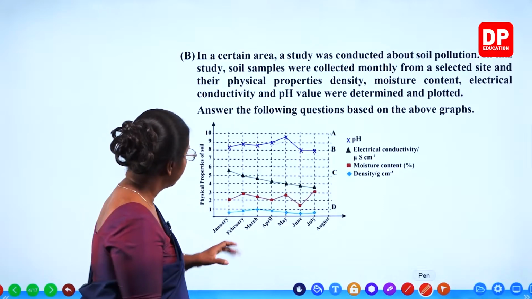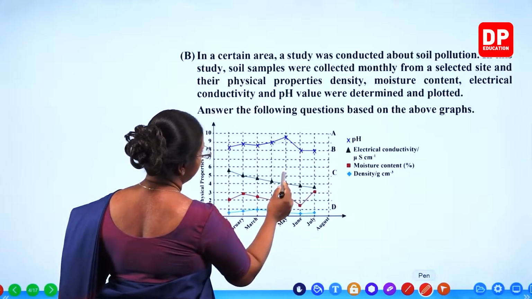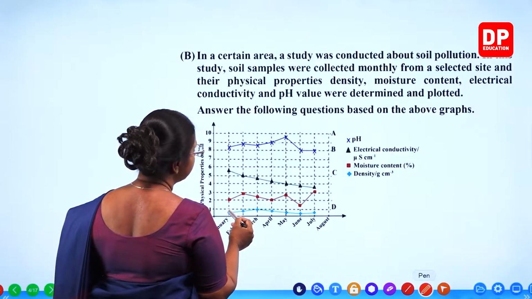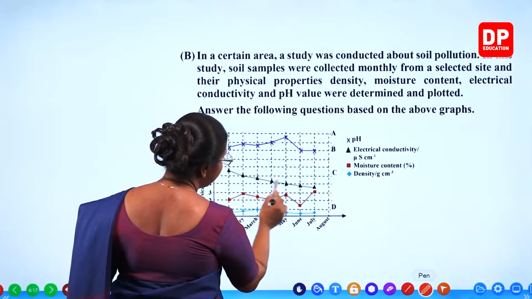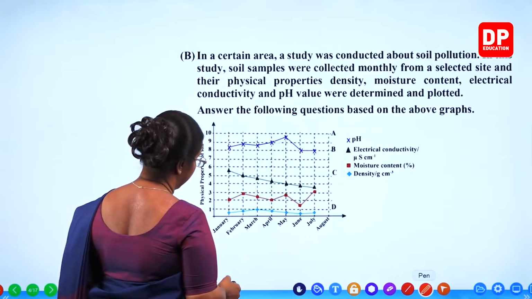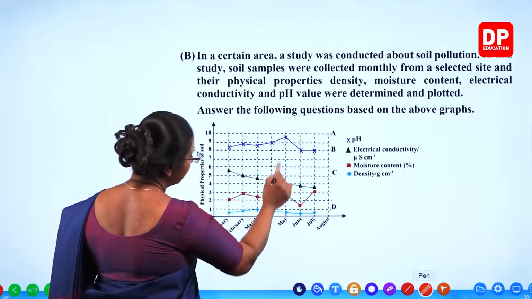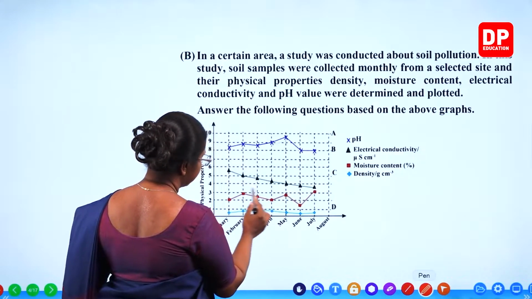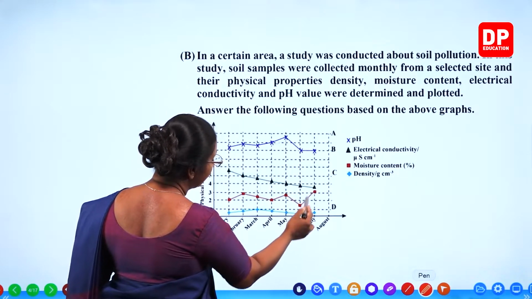Then you can see here the last graph is for density, that is in grams per centimeter cube. So if you look at the graphs, you can see the pH graph has a certain order where it shows a high value there, then it doesn't change towards the end, but it varies, increases and decreases. Here you can see the variation is, it decreases gradually starting from January to July. Then if you look at the third one, that is moisture content, that again fluctuates, increases, decreases. Here you can see 2 months it's the same value. February and May same value, June is a very low value.